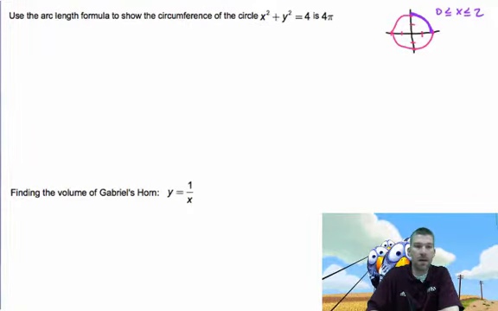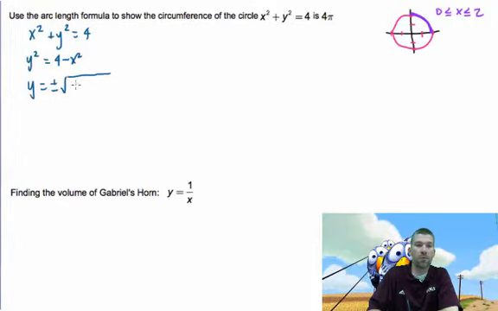The reason that I want to look at just this one little teeny tiny piece is that when I set my equation up and solve it, I only have to deal with the positive square root part. Remember we're trying to solve for y, so we'd have y squared is equal to 4 minus x squared, and then I take the square root of that. So the square root of 4 minus x squared is the equation that I would use to graph this.